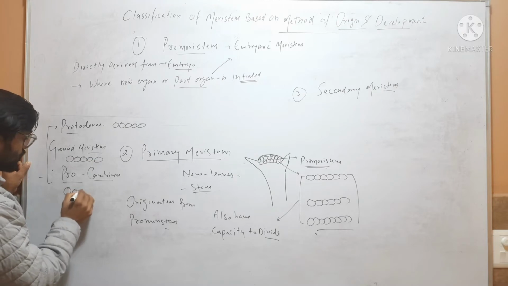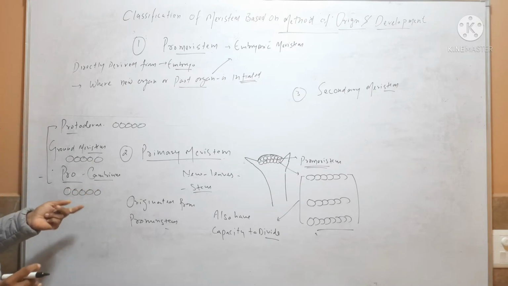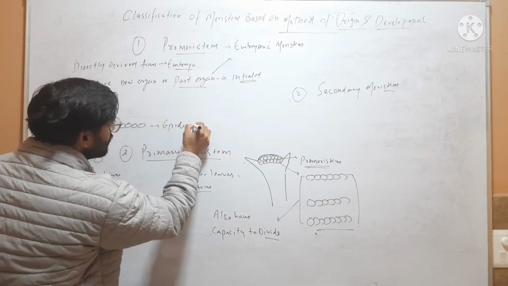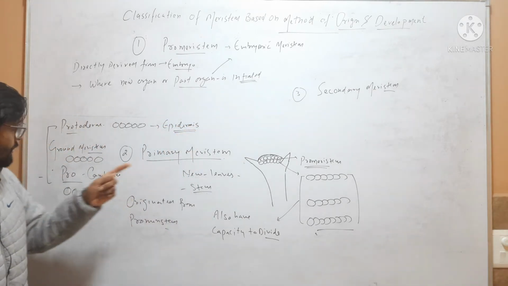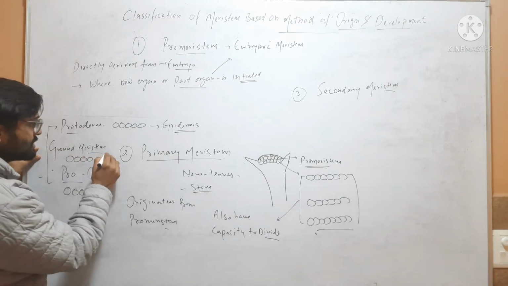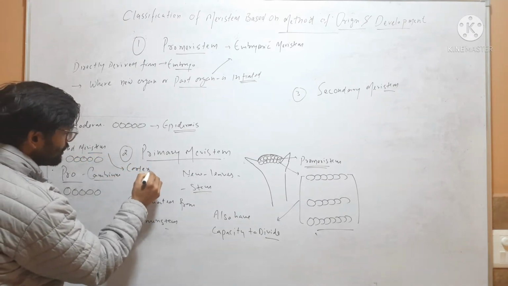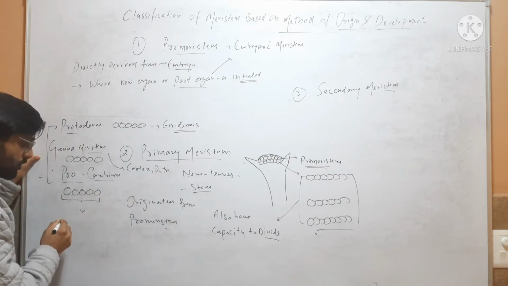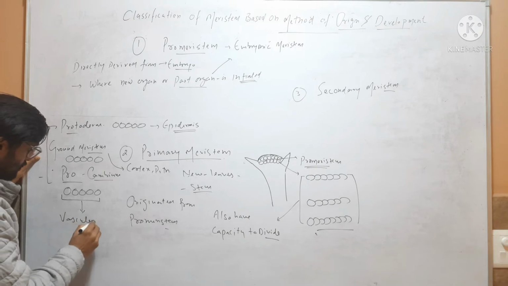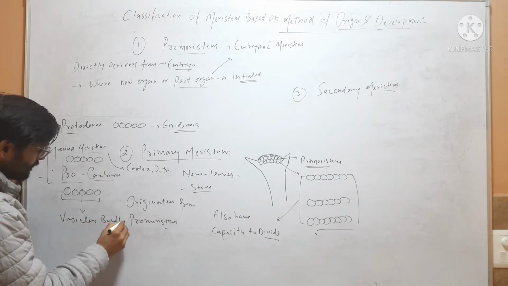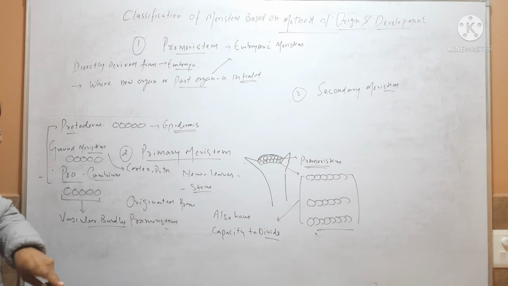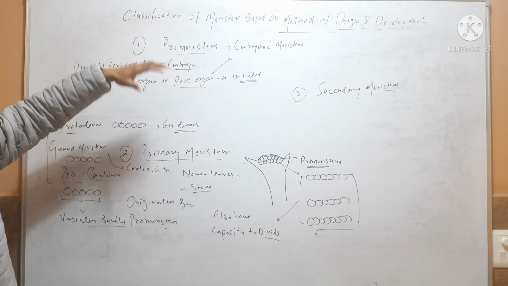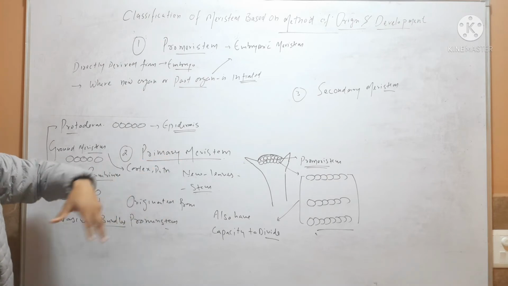This is procambium. These groups of cells further will divide and form epidermis of an organ, ground meristem will form cortex and pith, and procambium will form vascular bundles.